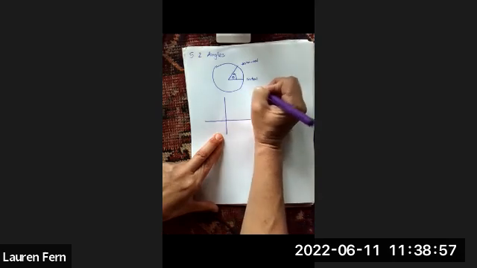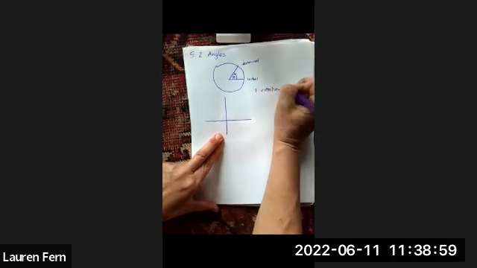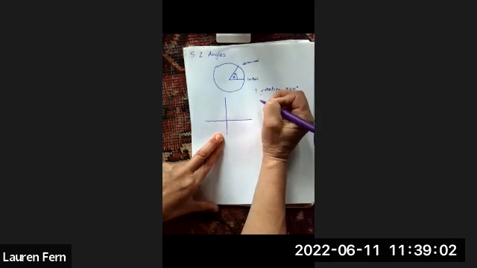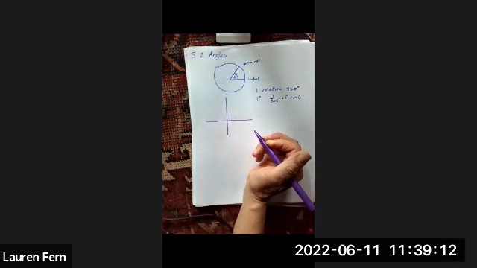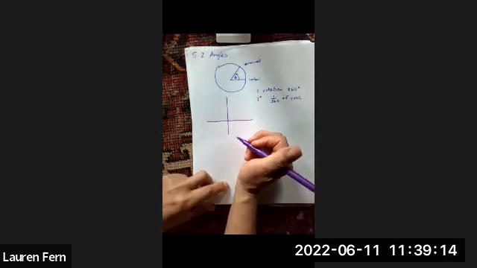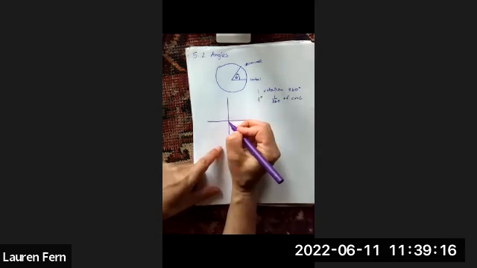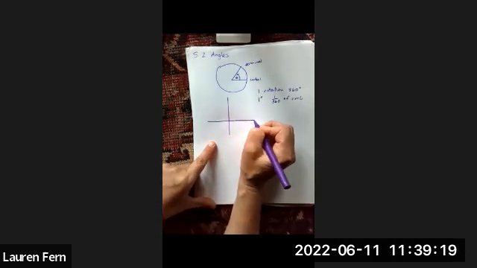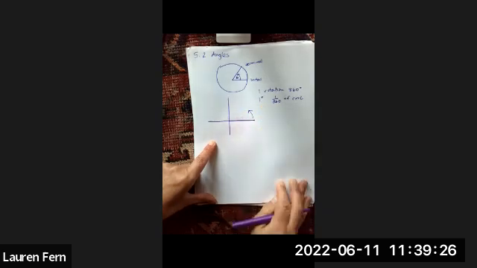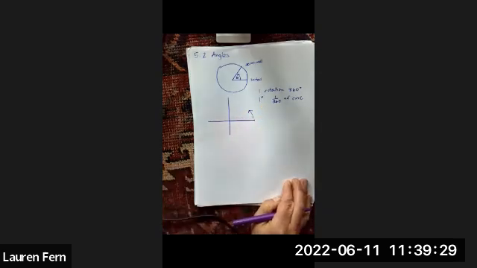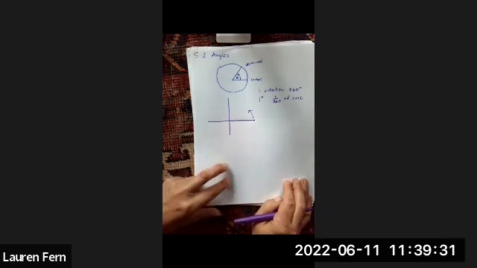Therefore, 1 degree is essentially 1/360 of a circle. When we talk about angles in our Cartesian coordinate system, our positive x-axis is always our initial side, and we always move counterclockwise. So our standard position is to move counterclockwise.